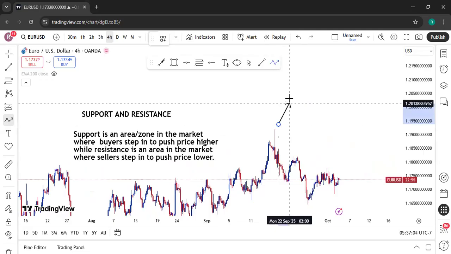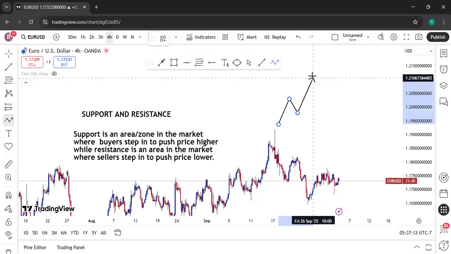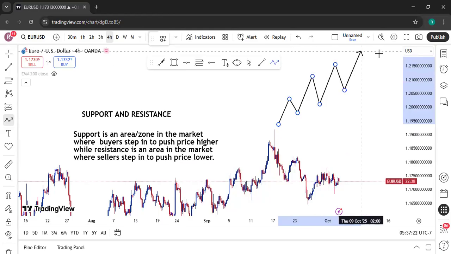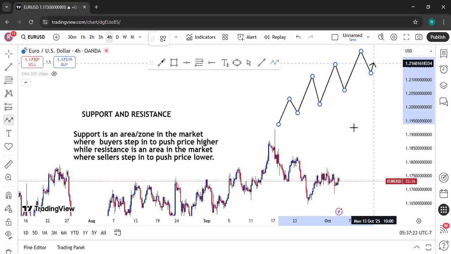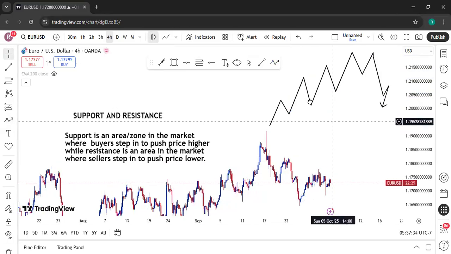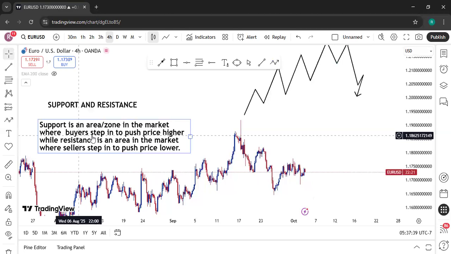When there's a demand for that asset, the price is likely to go up. You want to join the buyers because a lot of people are demanding. But when there is not much demand, we begin to see the sellers step into the market to push the price lower. Okay, so this is what we are looking out for in the market. Support is an area or zone in the market where buyers step in to push price higher.